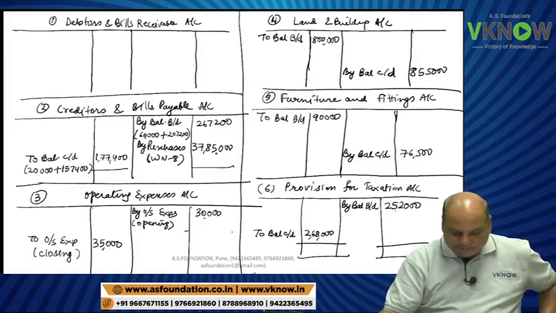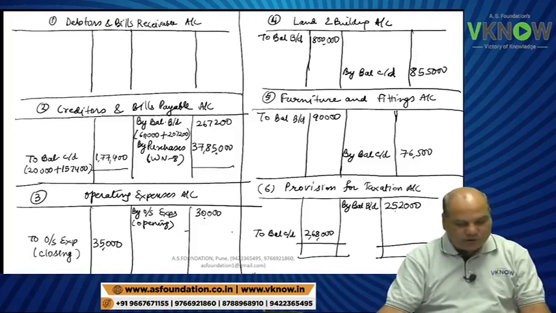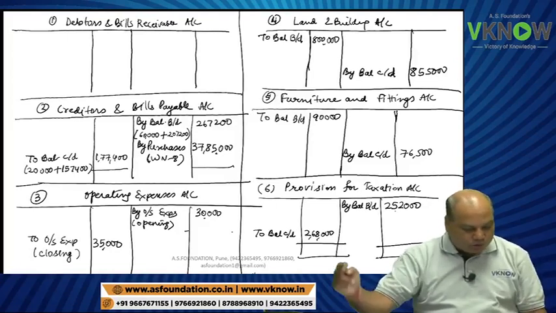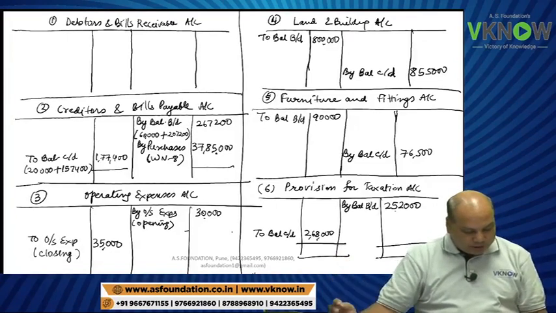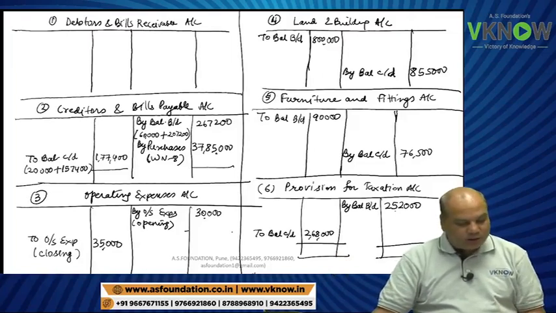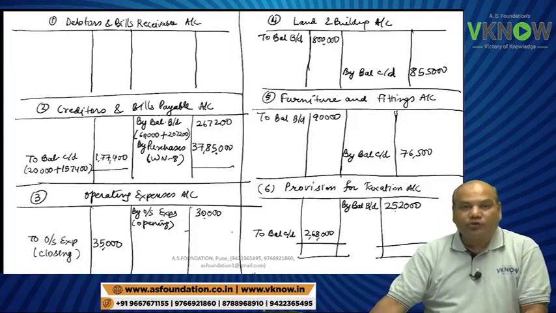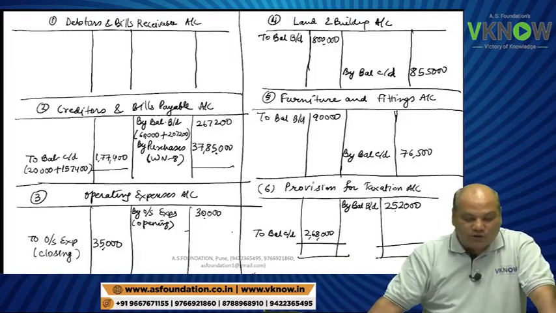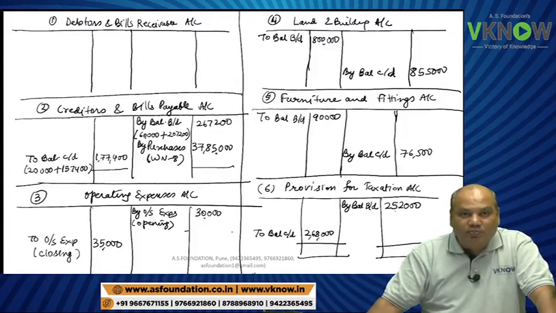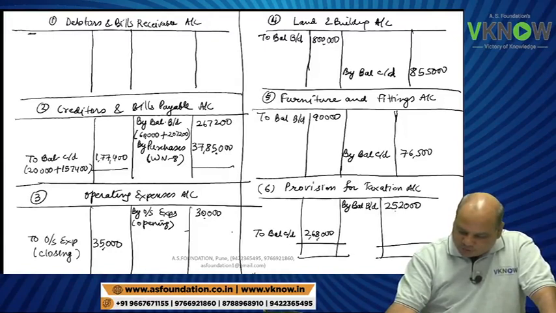Next line in your balance sheet asset side, we'll go line by line. Debtors and bills receivable we will add together because my objective is to find collection. On the screen, working note 1, debtors and bills receivable, debit side, first line, to balance brought down.